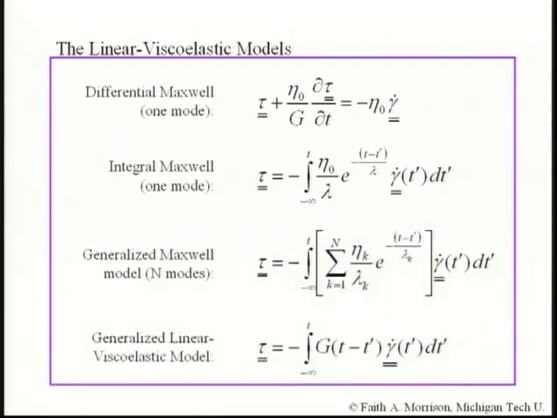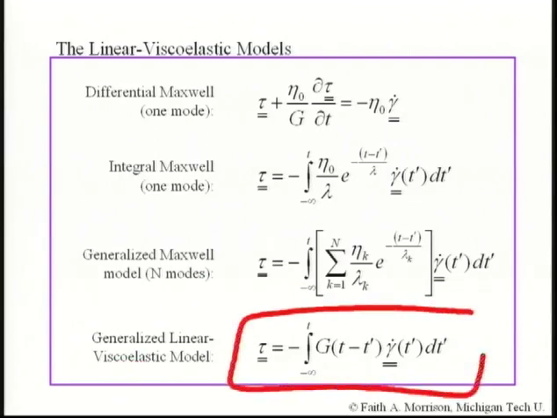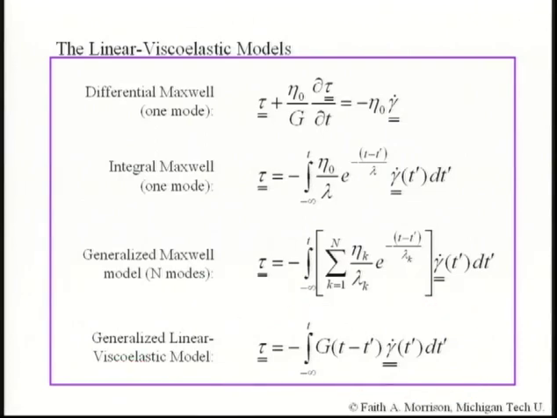So for that reason, if we just put in a generic function and say, however your material behaves in the step strain experiment, you put that function here as a function of t minus t prime, and that'll be an even more general linear viscoelastic model. Okay, so this is a general expression that encompasses both of these two previous models. In order to relate them, we just have to specify what g is.